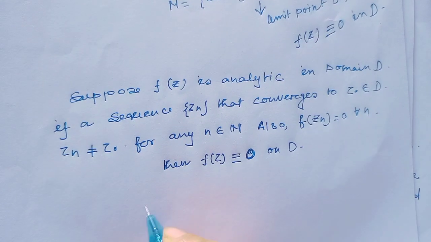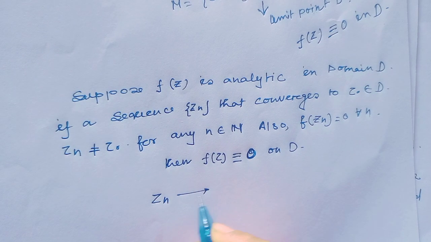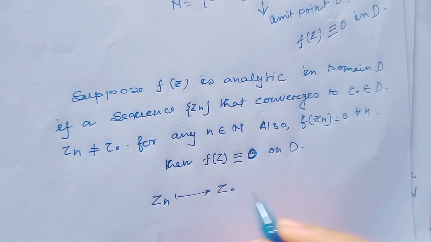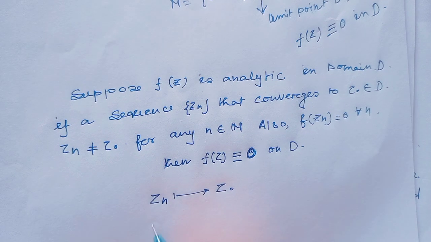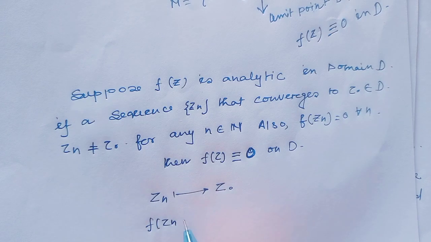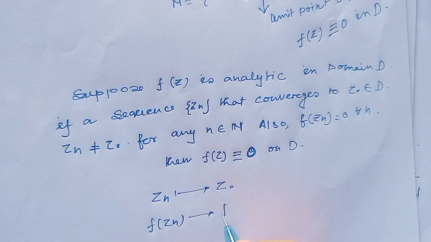That means if Zn converges to Z0, we all know by the criteria of continuity that f(Zn) converges to f(Z0).